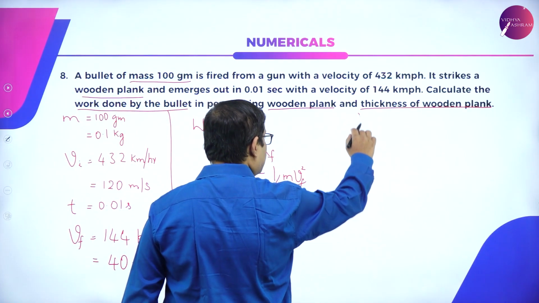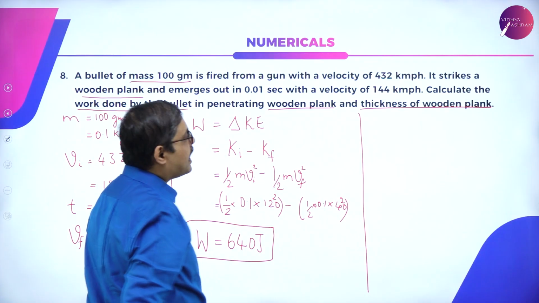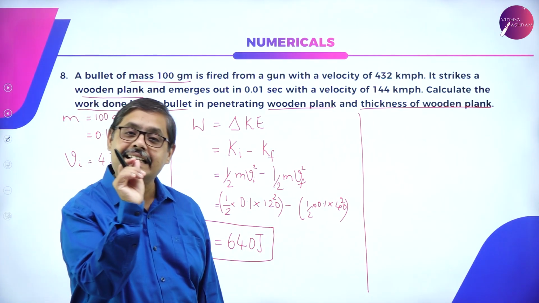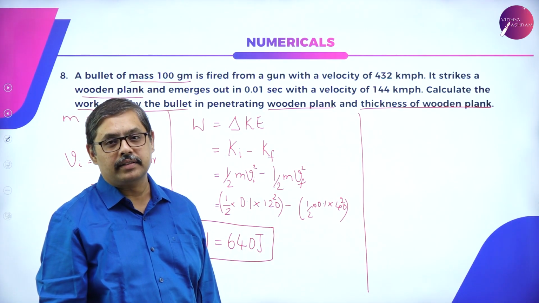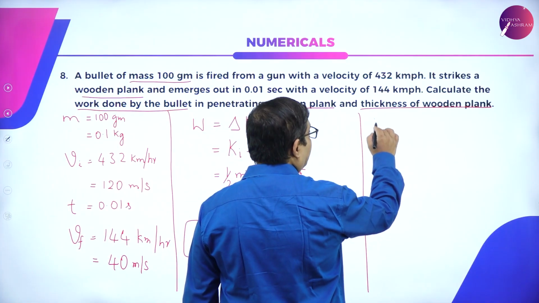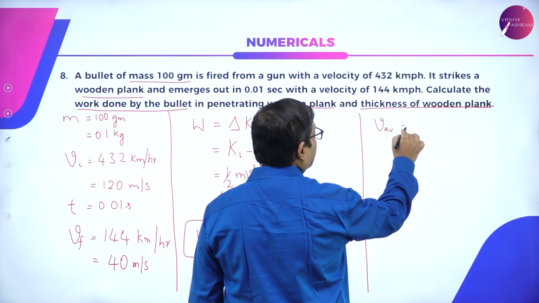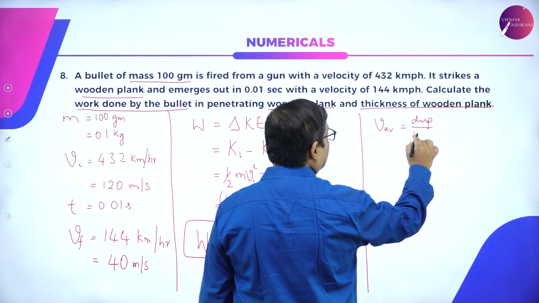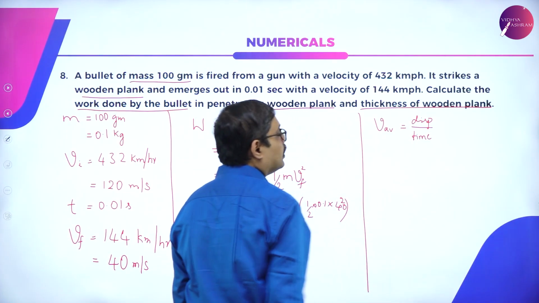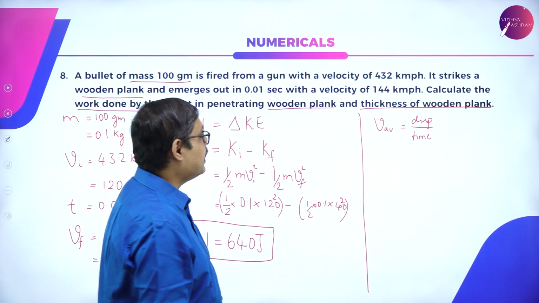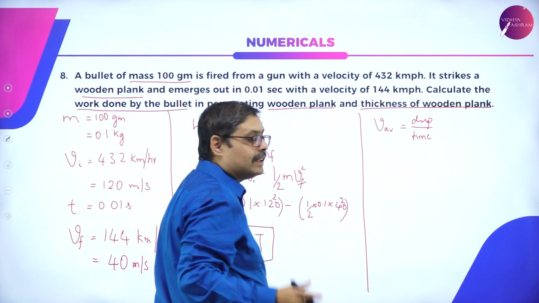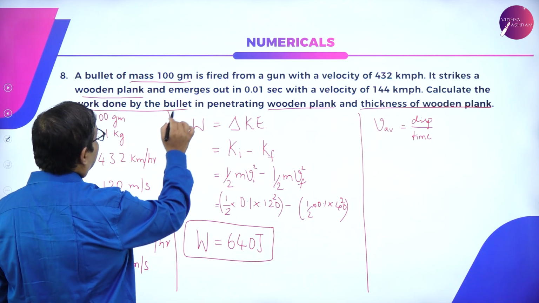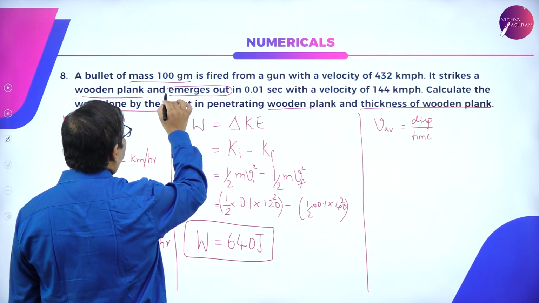Okay. What else is asked? He has asked me to find out what is the thickness of the wooden plank. We know that average velocity is equal to displacement by time. Please observe one concept here. What is the displacement? The displacement is nothing but the distance traveled by the bullet.